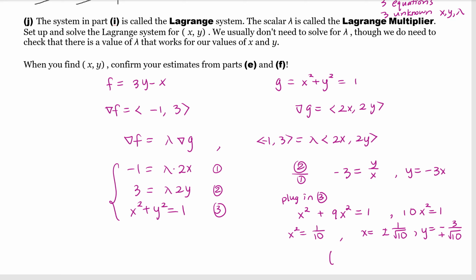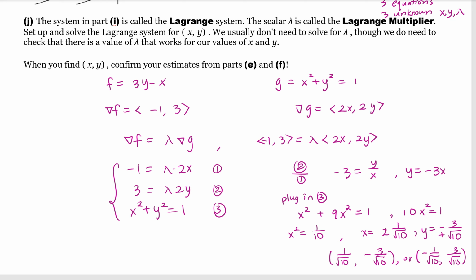That means if x is positive 1 over root 10, then my y is negative 3 over root 10. If my x is negative 1 over root 10, then our y will be positive 3 over root 10. We get 2 points, great. One should be the maximum, one should be the minimum.